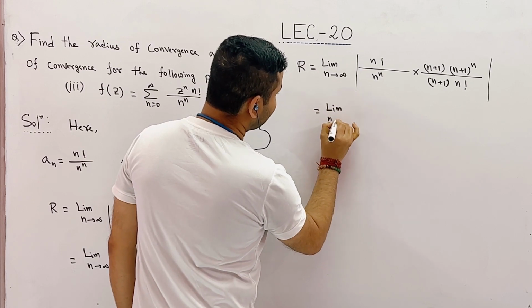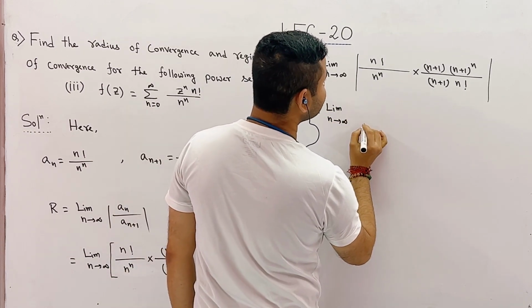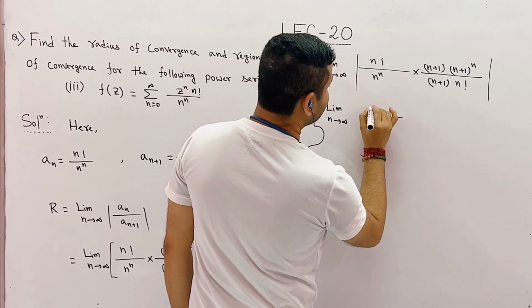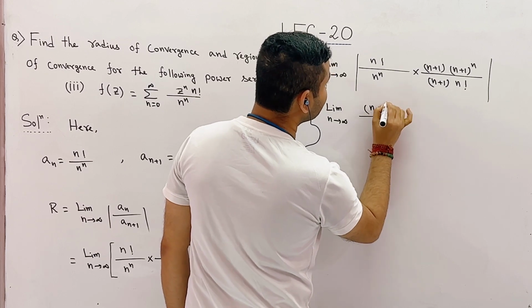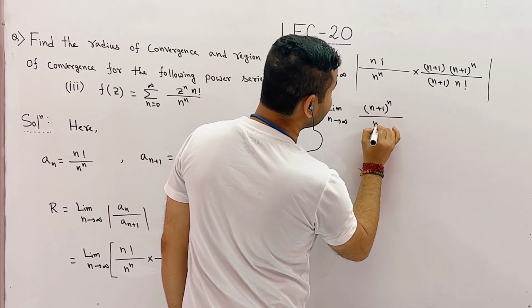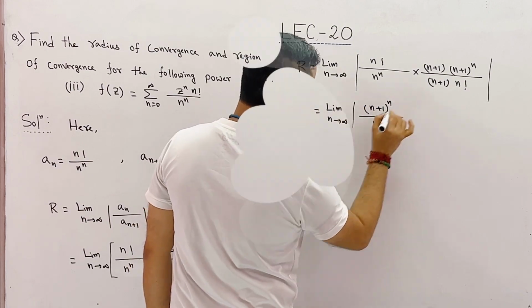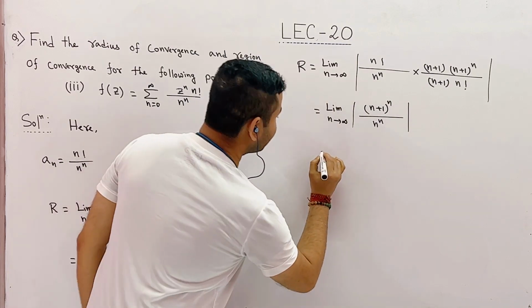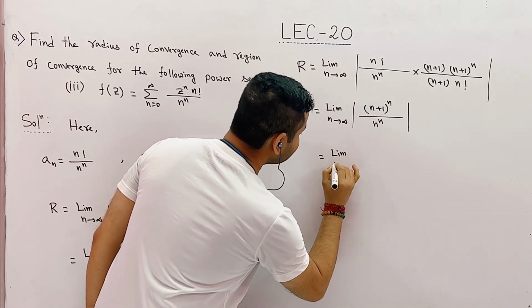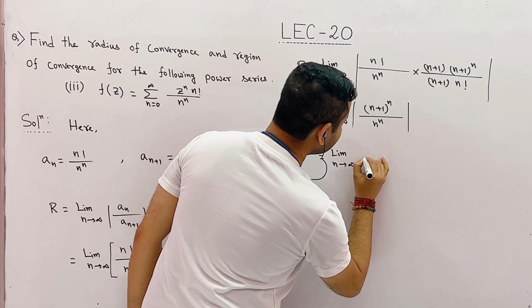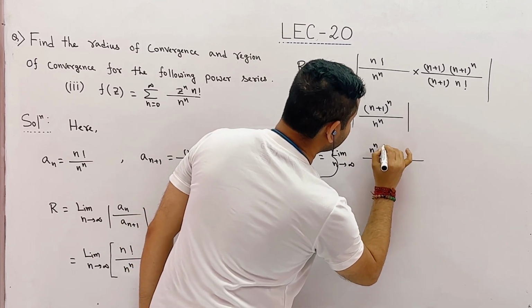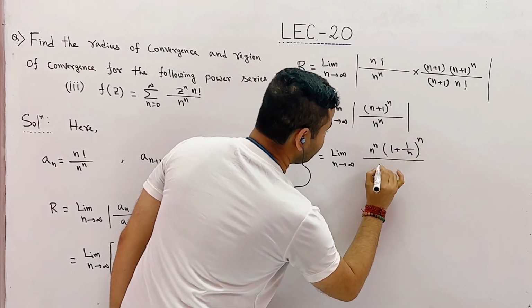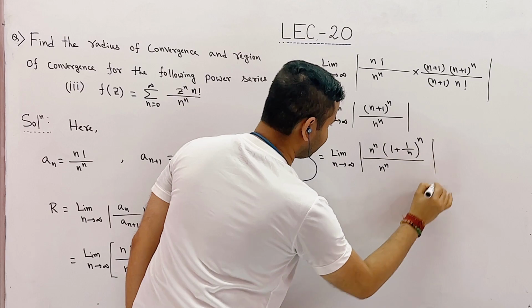limit n tends to infinity n plus 1 whole to the power n divided by n to the power n. Now let us take common n from this term. So finally we will get limit n tends to infinity n to the power n into 1 plus 1 by n whole to the power n divided by n to the power n.